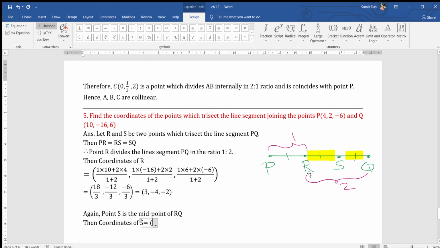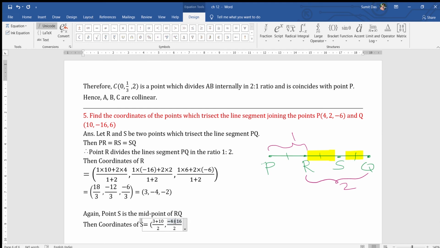What is R coordinate? Coordinate of R is 3, so x1 is 3, and Q coordinate is 10. So 3 plus 10 divided by 2, comma y1 plus y2. What is y1? y1 for R is minus 4 plus y2 for Q is minus 16.